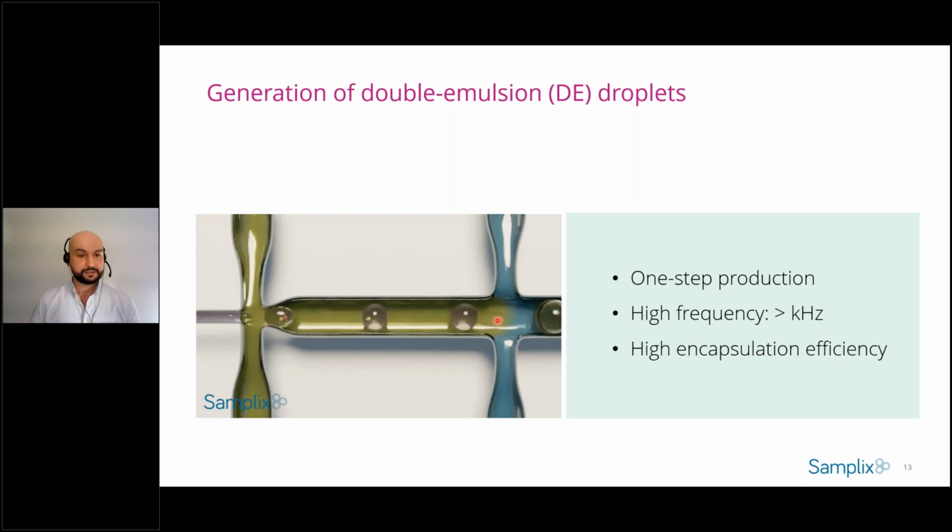And then this is emulsified in a second phase, together with another water layer, leading to the production of double emulsions. So the spray size geometry of our cartridges allows controlled production of the double emulsions, and we can produce thousands of double emulsions per second.